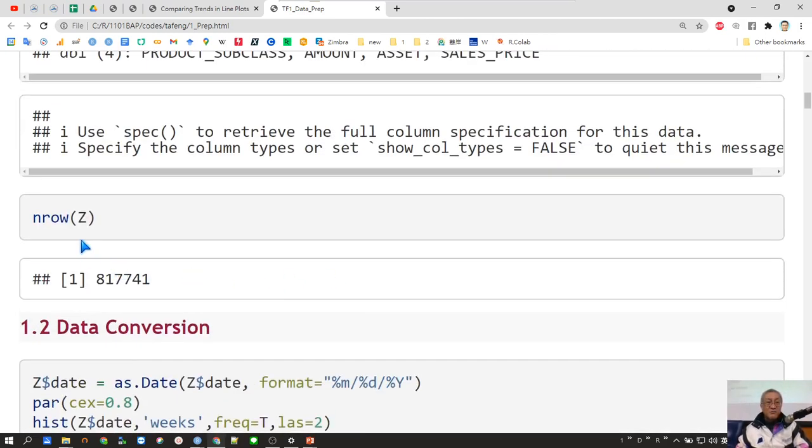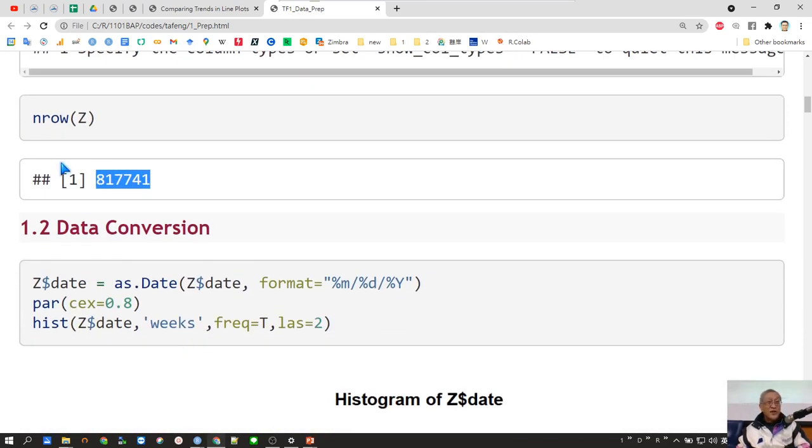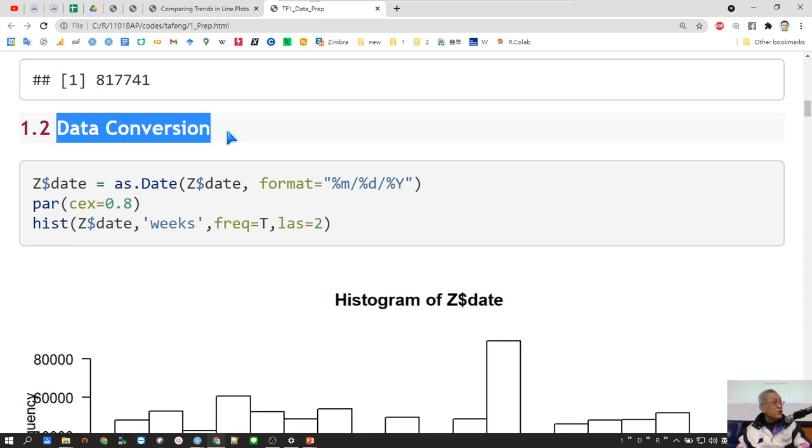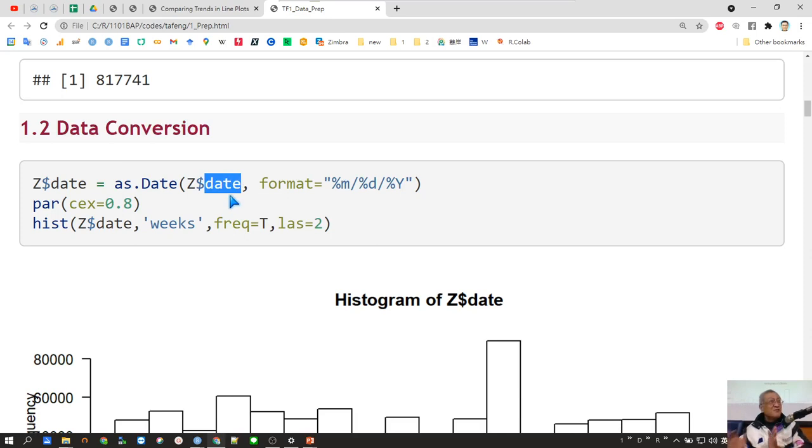Now, the first thing after we get the data is to see how much data we have, so it's very natural to see the number of rows. Then we want to do some data conversion, especially for day. We already learned that. Day, you need to convert it.